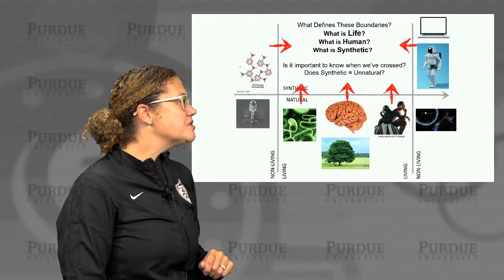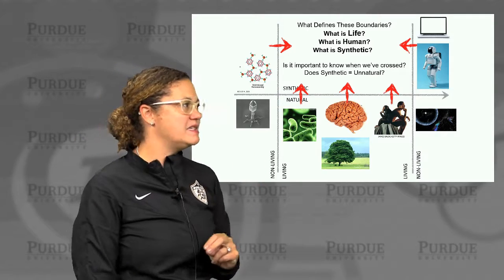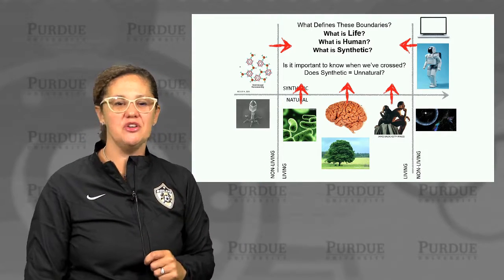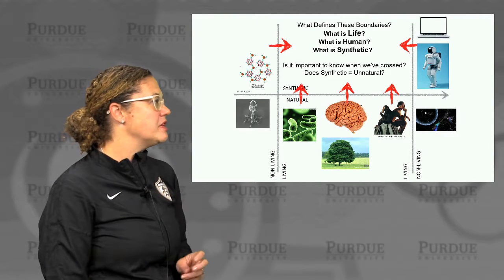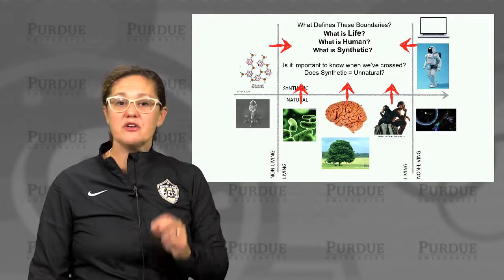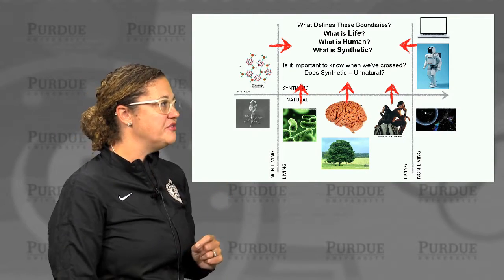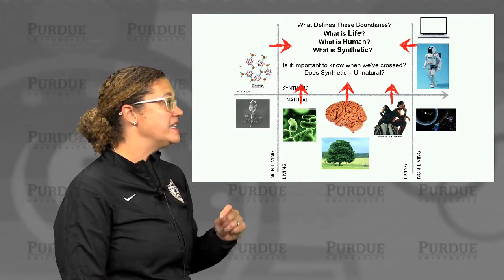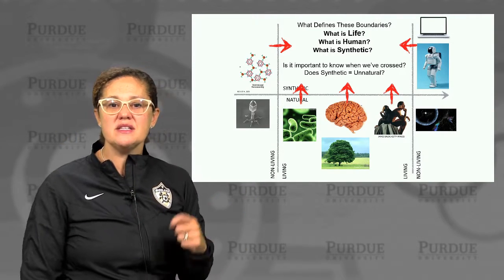So this really brings up some questions about what defines these boundaries, and they're actually more difficult to articulate than you might think, and brings up some fairly profound questions that are very important to examine in this field about what is life, how do we know when we've generated new synthetic life, is it important to know that, and what does that mean?